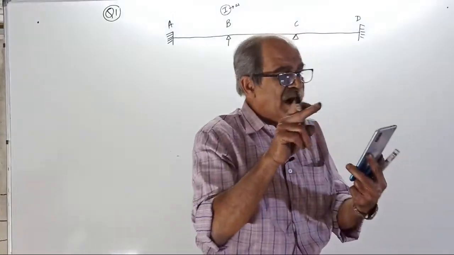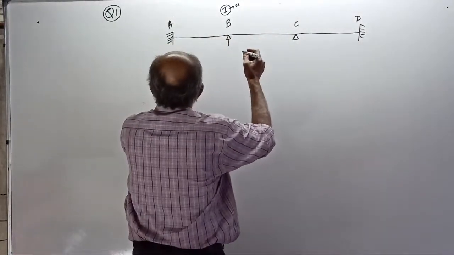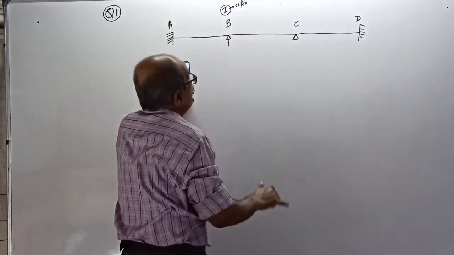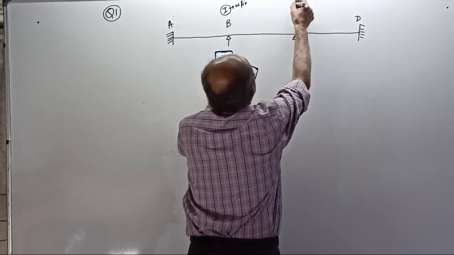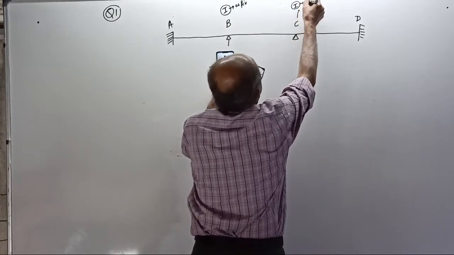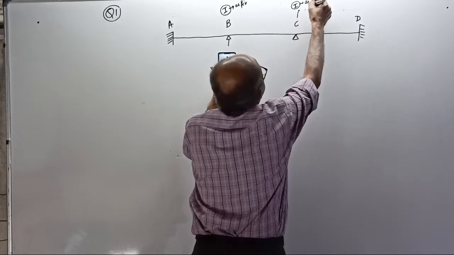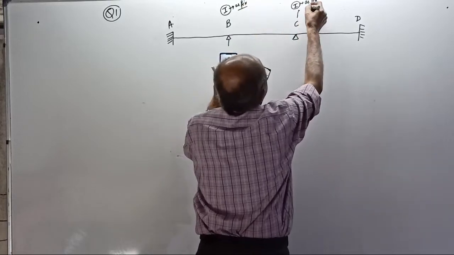When I put the arrow mark, it is called considered as fixed. C also is an intermediate support, therefore considered as fixed for stiffness and carryover. Remember, I won't tell again and again.